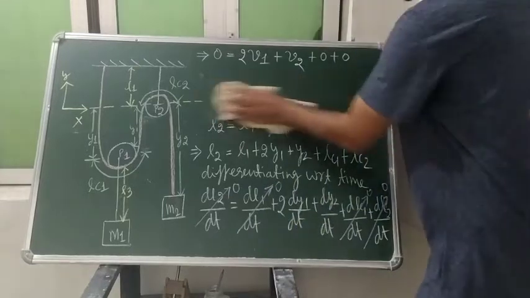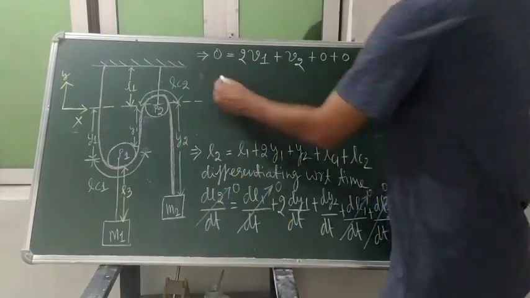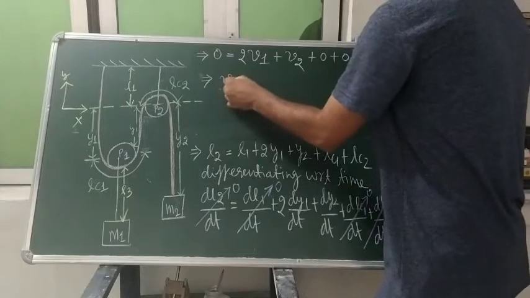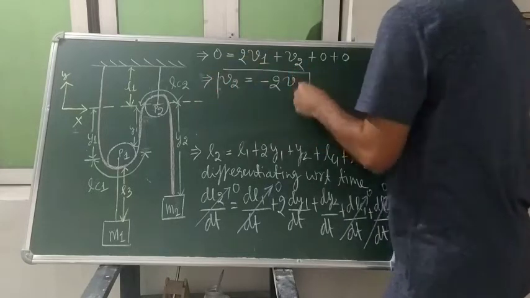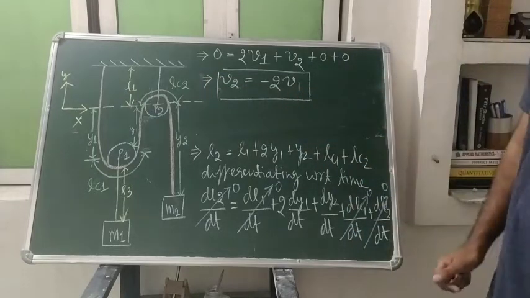So from here we will get, student, that v2 will be minus twice of v1. v2 will be minus twice of v1.